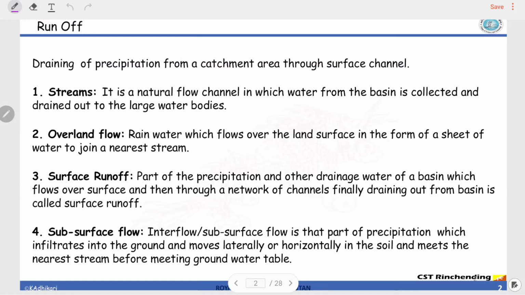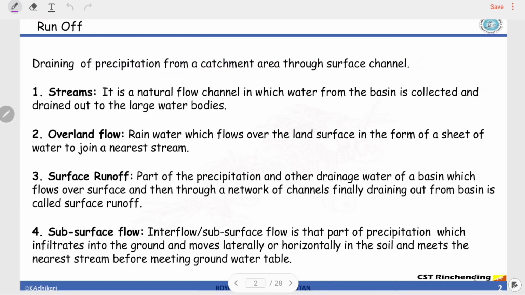That is what we call streams. All the natural streams like Wangchu, Punachangchu, and all the rivers that we have will have a kind of parabolic shape. The bathymetry of a stream is kind of parabolic because it erodes the material and forms that channel, and we call it a stream.